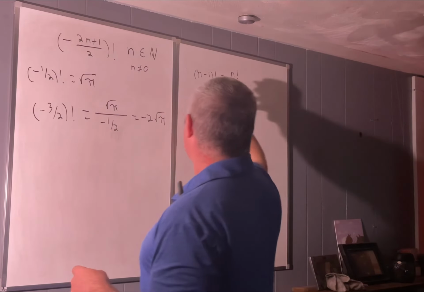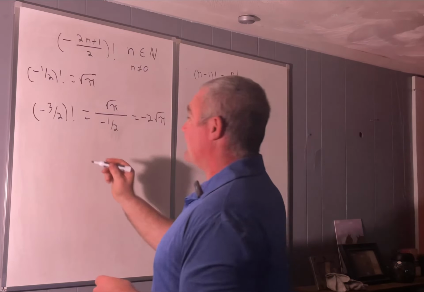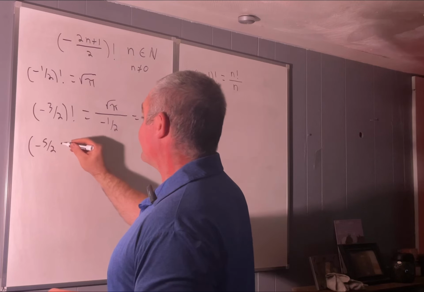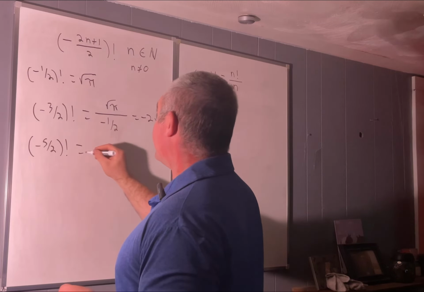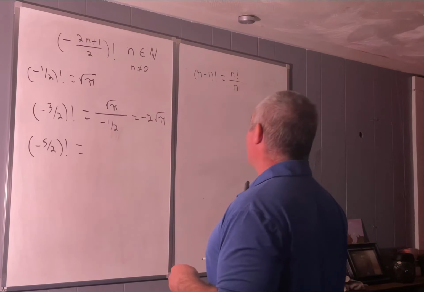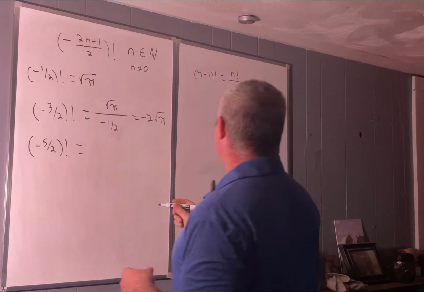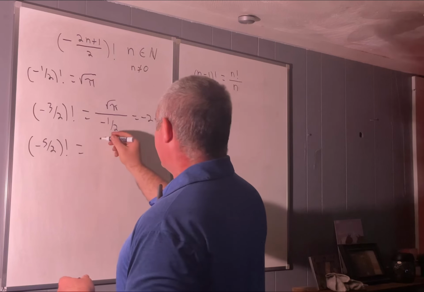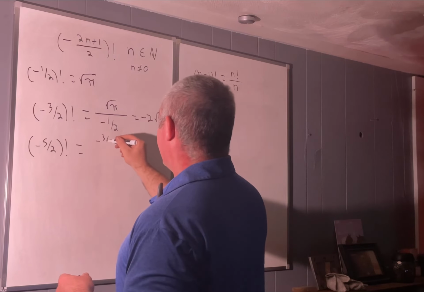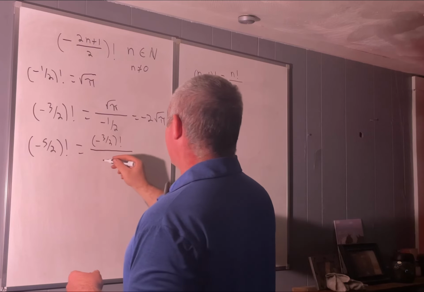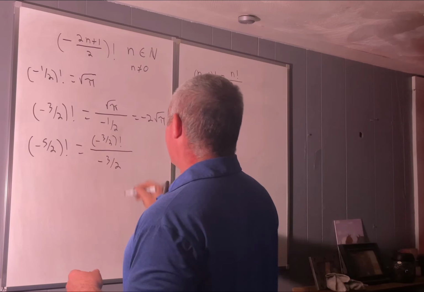Let's set our n minus 1 equal to negative 5/2. So, negative 5/2 factorial will be equal to, well, if our n minus 1 is negative 5/2, then our n is negative 3/2. So we'd have negative 3/2 factorial over negative 3/2.